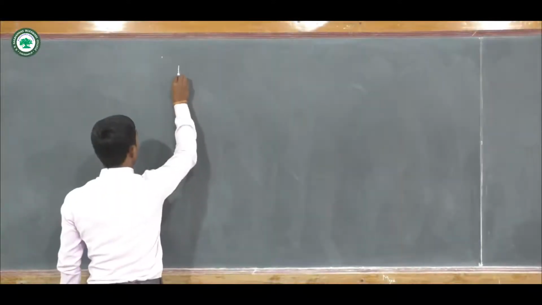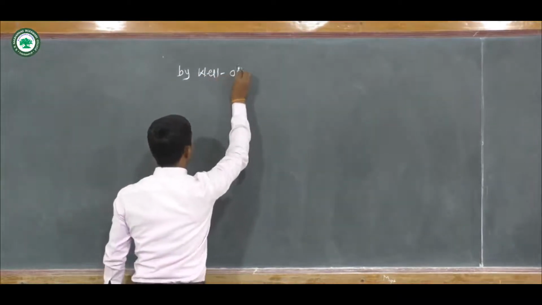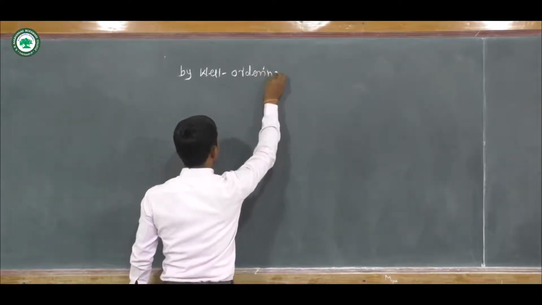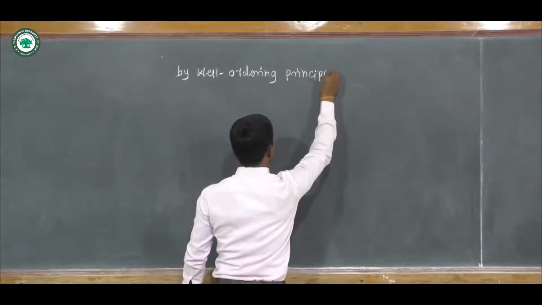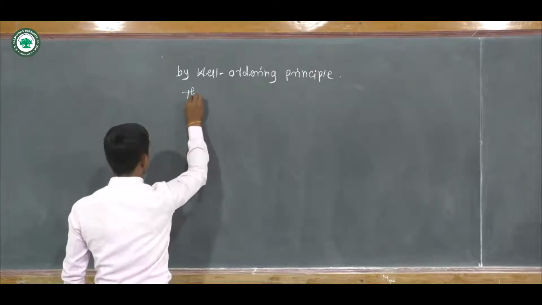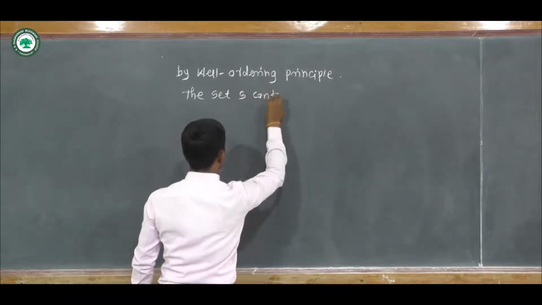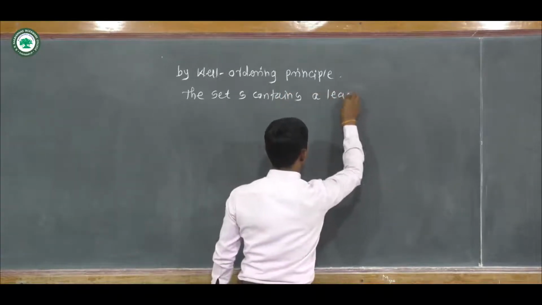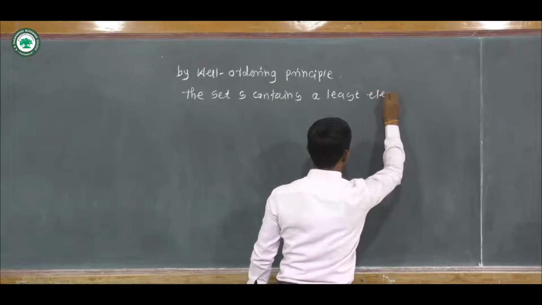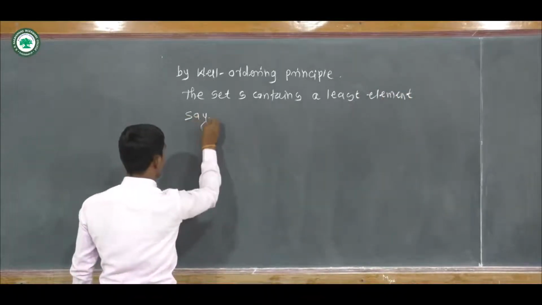By the well ordering principle, the set S contains a least element, say r.